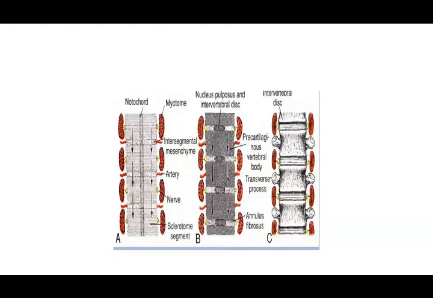The yellow is the nerve, and in the center you are going to have your vertebral canal with the spinal cord, and then you have the blood vessels. So this is the arrangement, with the densely arranged and the loosely arranged.